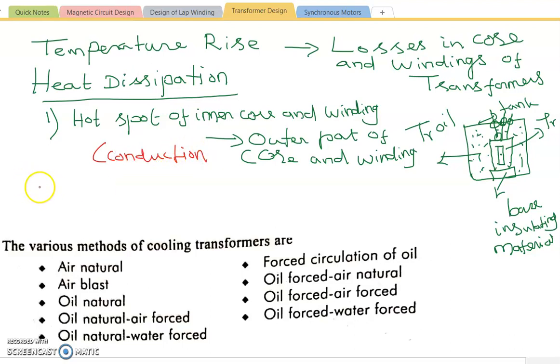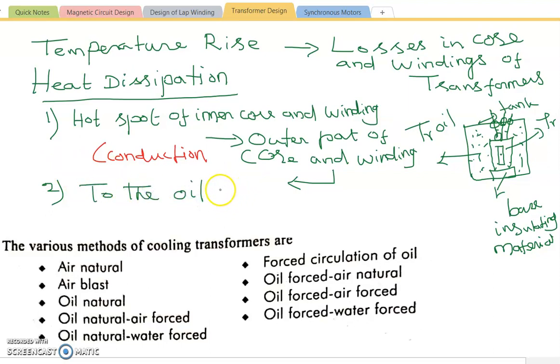So here the heat dissipation is by conduction. The next method, the second thing that should take place, is that the heat has to be transferred from the outer part of the transformer core and winding to the oil, the transformer oil.